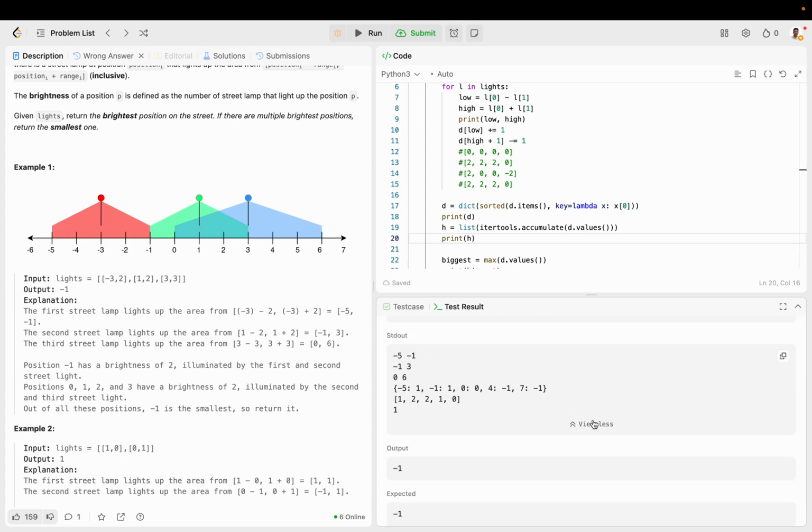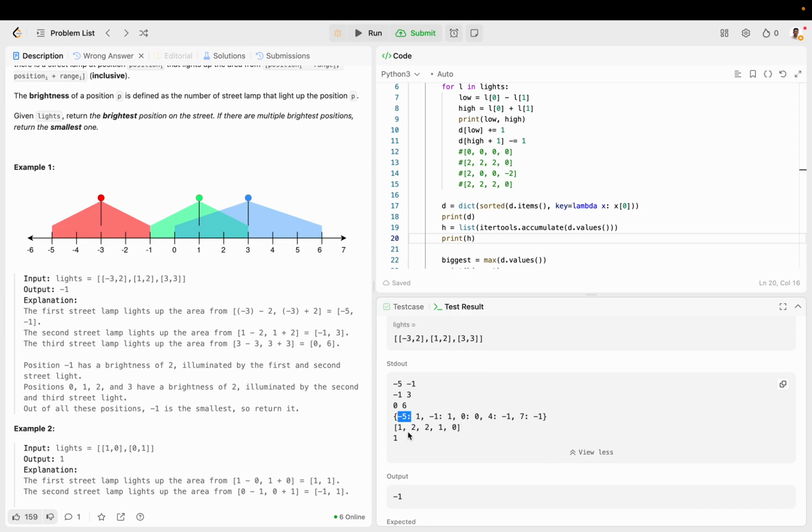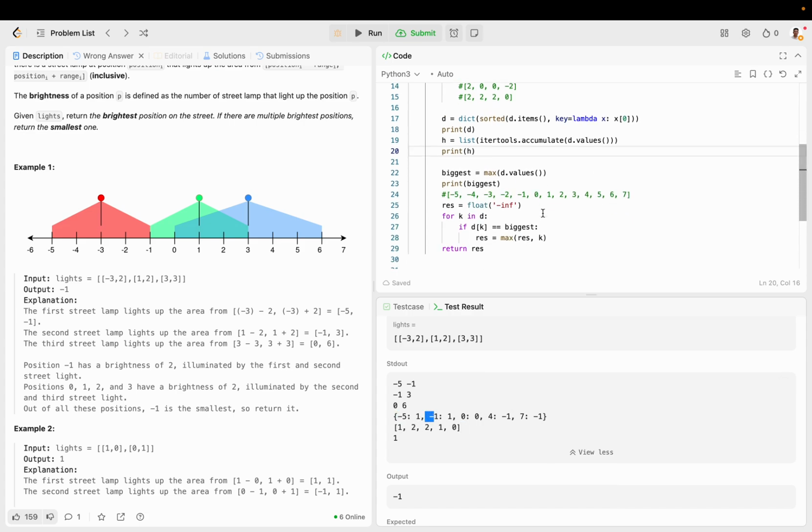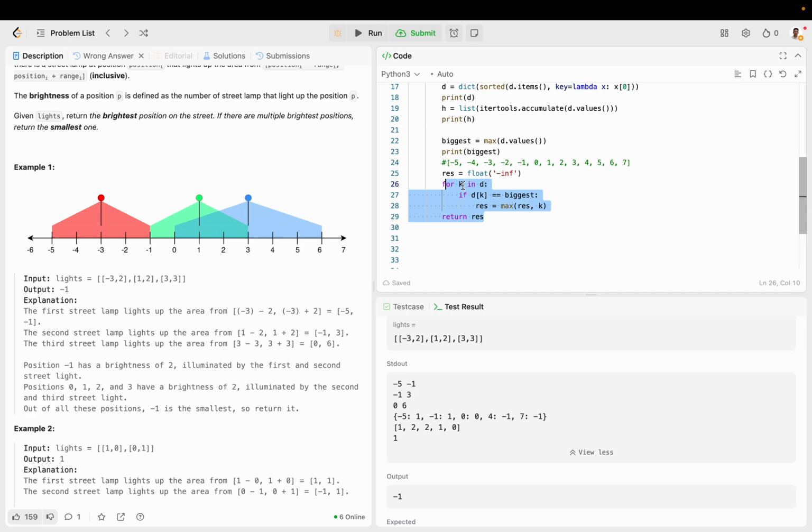Let's see here. So for something of 2. So, okay, so now we can just map the keys to whatever this is, right? So we can just say for i, k in enumerate d.keys, then biggest would just be the max of h.